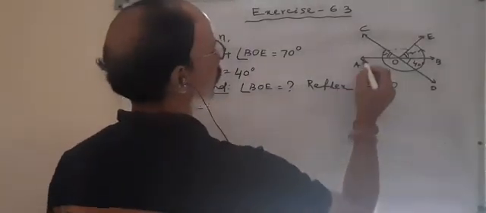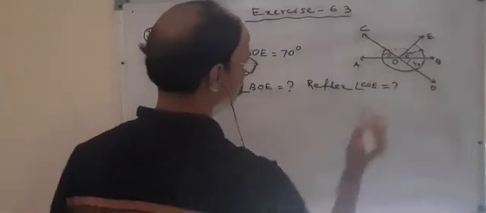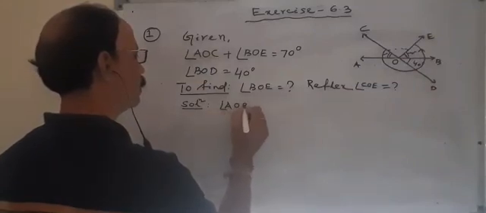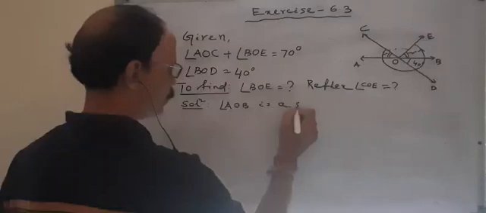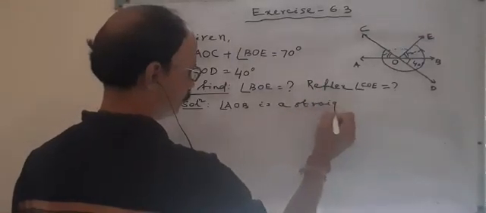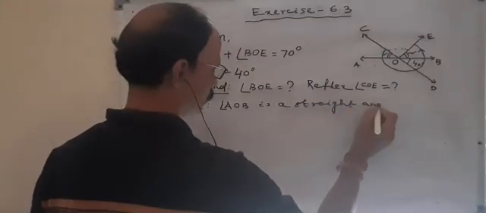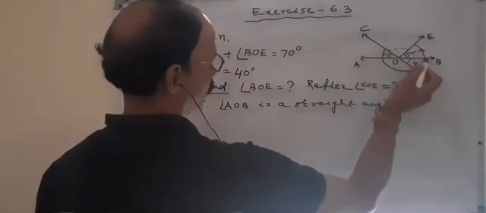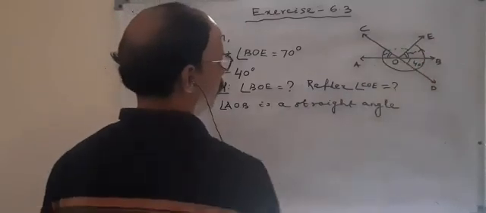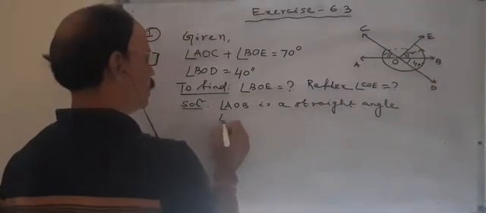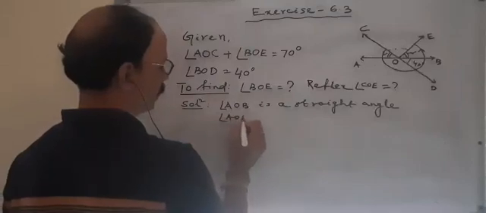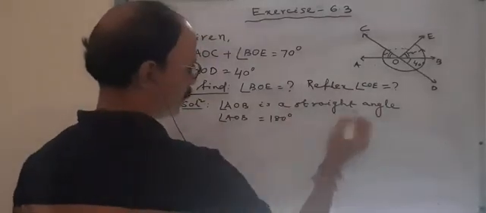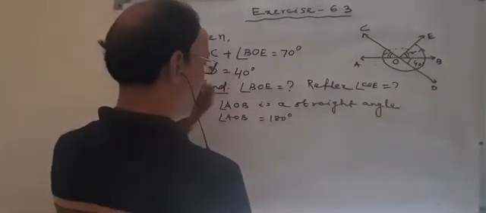So you see, angle AOB is a straight angle. Straight angle means it is 180 degrees.